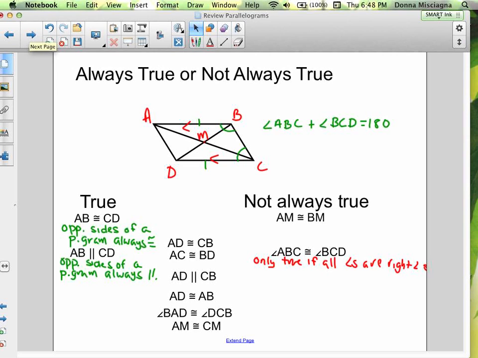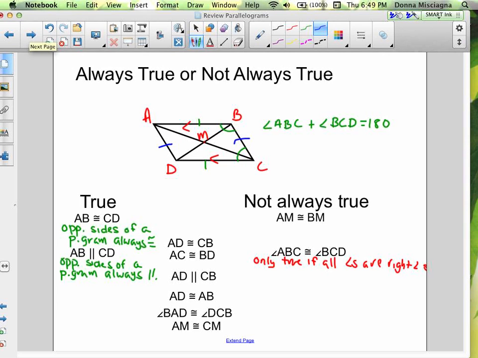AD, and so that would be this side over here. And since it says congruent, let's just put a congruent mark in it. Whoops, we lost our D. All right, so AD congruent to CB.